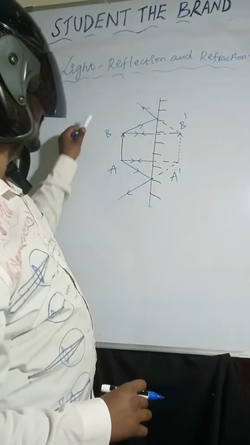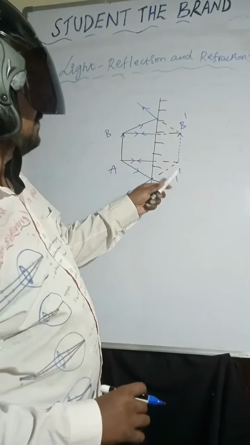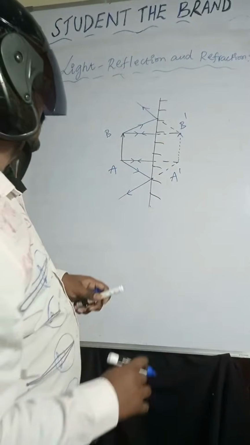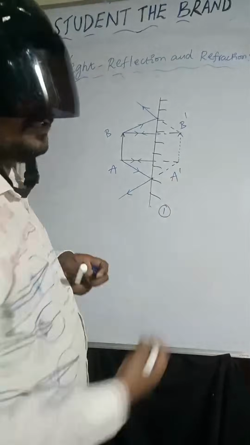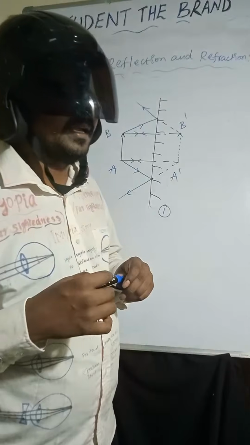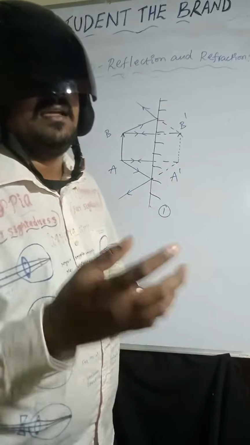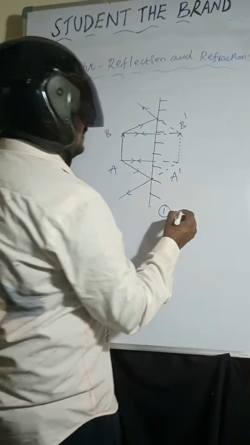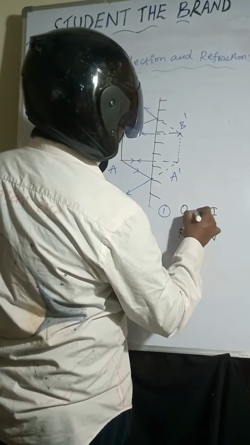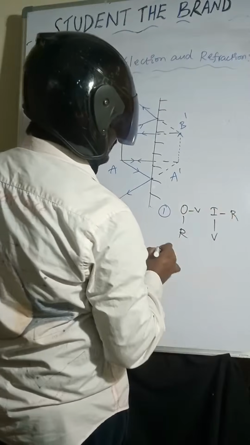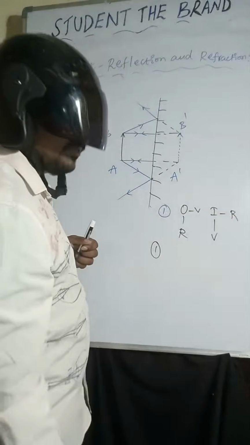Size of the object is AB. This is the image. Size of the image is A dash B dash. Just before this, I explained one concept, that is, object is real, image is virtual. Object is virtual, image is real. That is the first one.